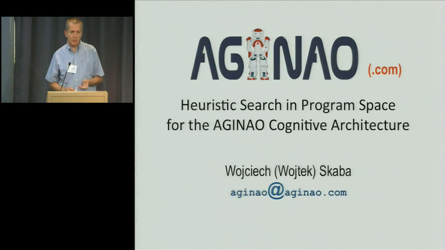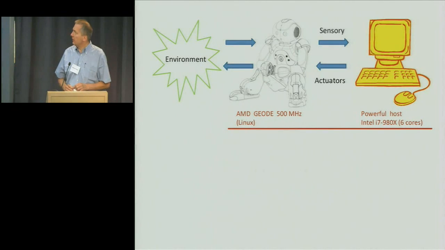I will focus more on the topic of this workshop, meaning self-programming, of which heuristic search is only part. We are using a robotic embodied approach to AGI, using the NAO robot from Aldebaran Robotics.